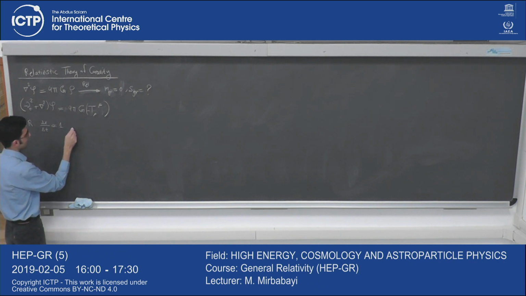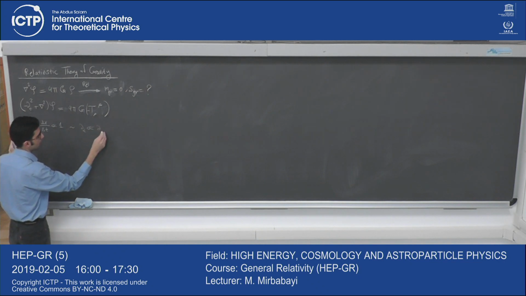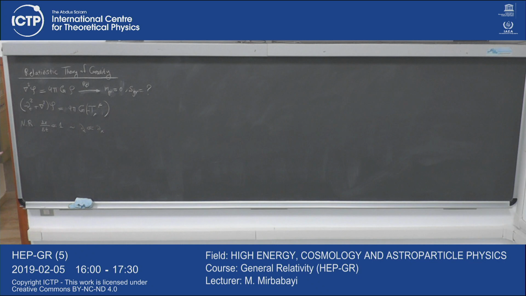But that is equivalent to saying that time derivatives are much smaller than a space derivative, a gradient. Meaning that the spatial gradients are much more important than time dependencies if you have a non-relativistic system. Okay, so this is for the left-hand side.